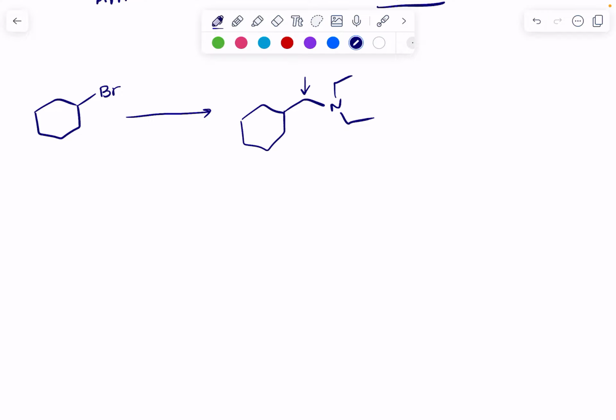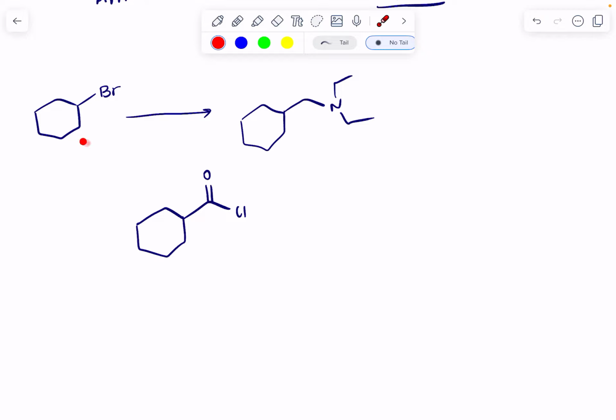Well, let's think about what we need to get to make an amine first. I would say I would like to have something that looks like this with maybe a Cl on it, some acid derivative. This is where I'd like to start, but I don't have this.